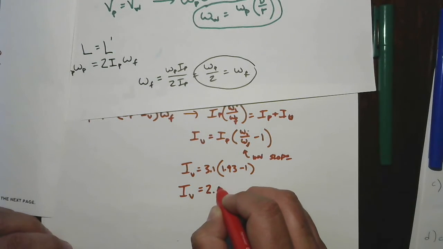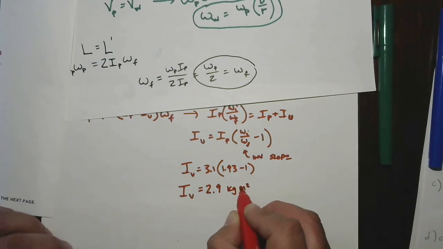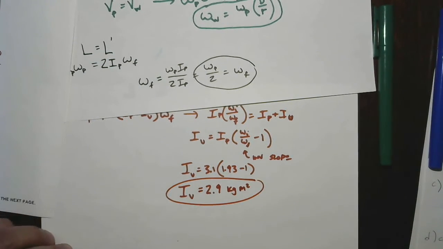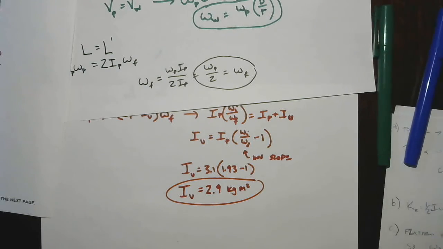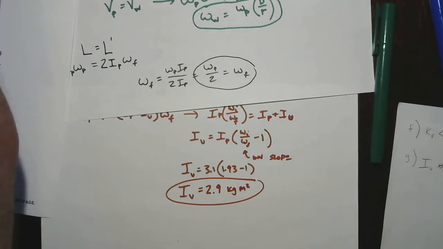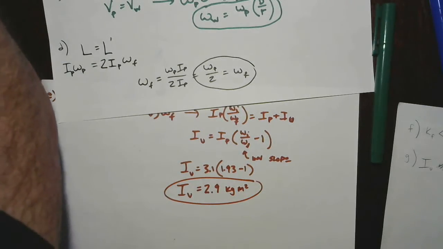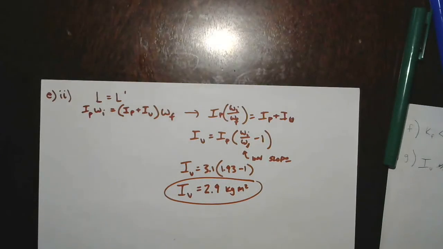We should probably just go 2.9 to keep the same number of sig figs as they had there. In my previous solution, I didn't even write down the units, or the number. Okay, so there we go. Now we're cooking with gas here.